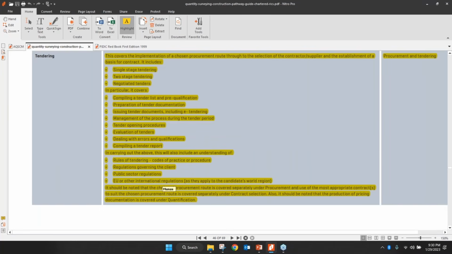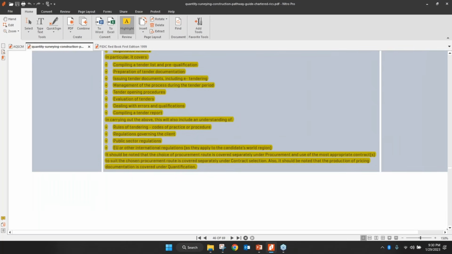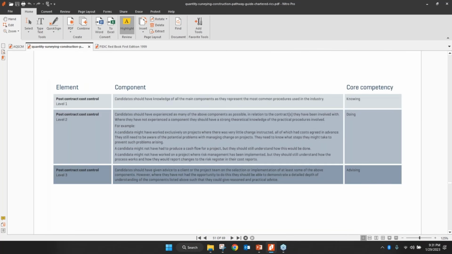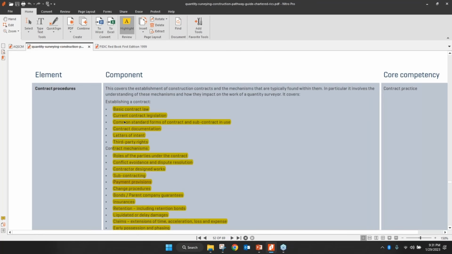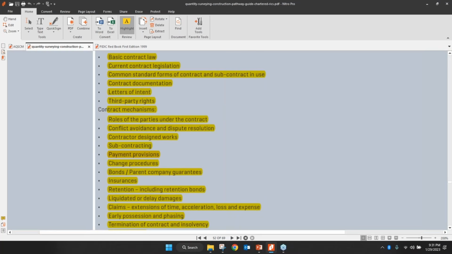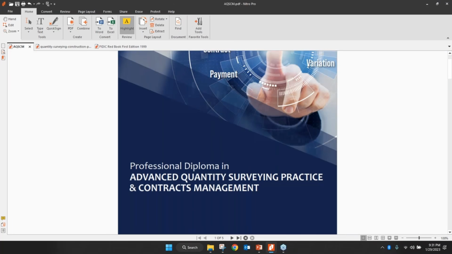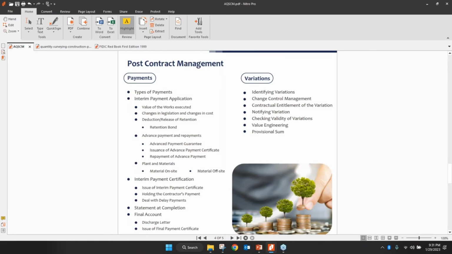If you go a little bit down to this particular one, the contract practice, all the things, payment provision for example, see here, all are covered in this program. Now let me ask you, without this program, what is going to happen? A simple question.